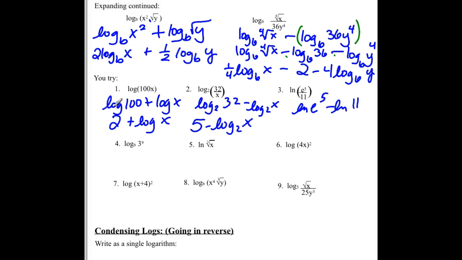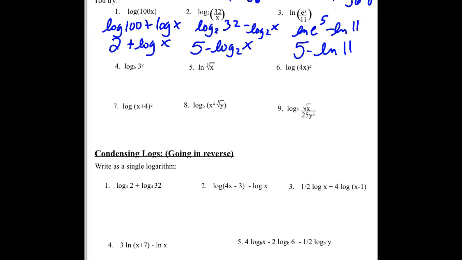Okay. Natural log of e to the 5th minus natural log of 11, and then what? Okay, everybody okay with how natural log of e to the fifth becomes a 5? Yes? All right. Go ahead and pick someone, Sierra.